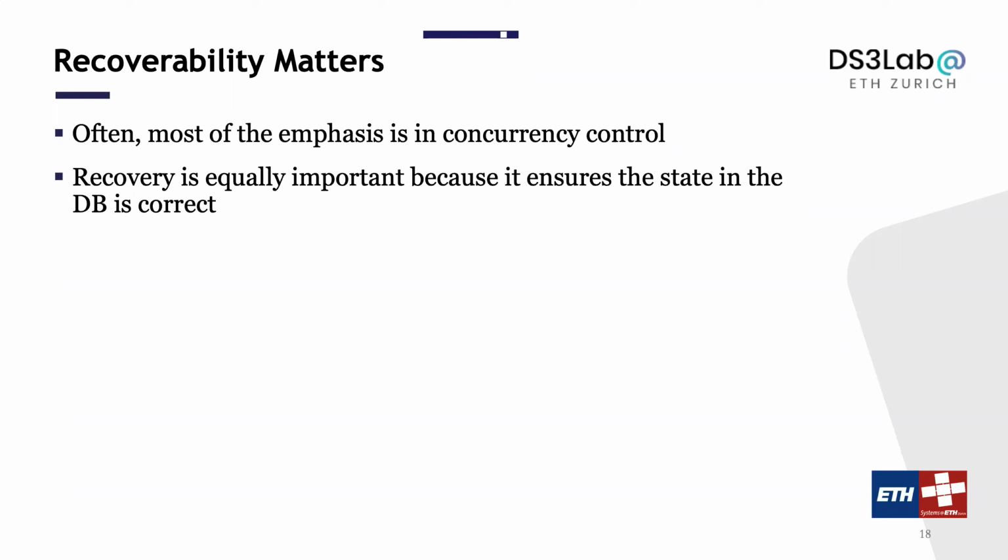We are building real-world database systems serving millions of users for years. Failure will be there. No matter how good your infrastructure is, it's going to fail at some point. Recoverability is very important because it ensures the state in the database is consistent and correct.